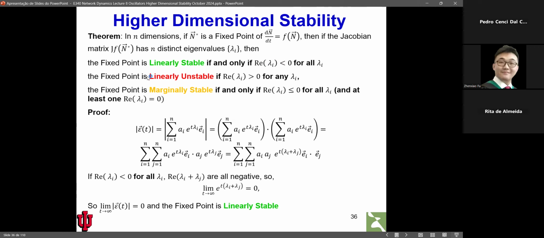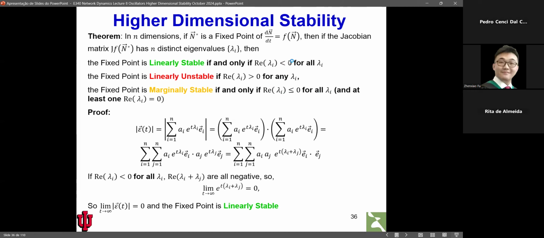The fixed point is linearly unstable if the real part of one of them is larger than 0. And the fixed point is marginally stable if and only if the real part of all eigenvalues is less than or equal to 0 for all lambda i, and at least one is equal to 0.